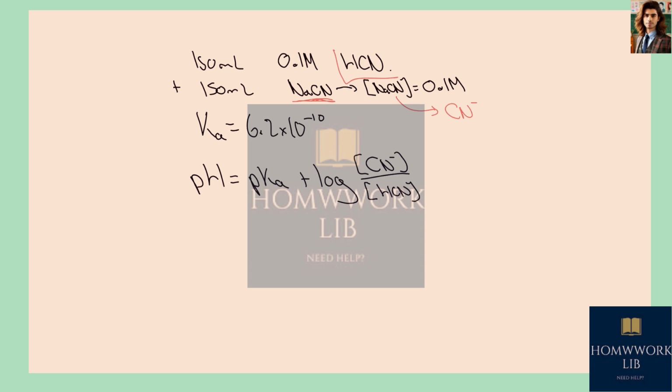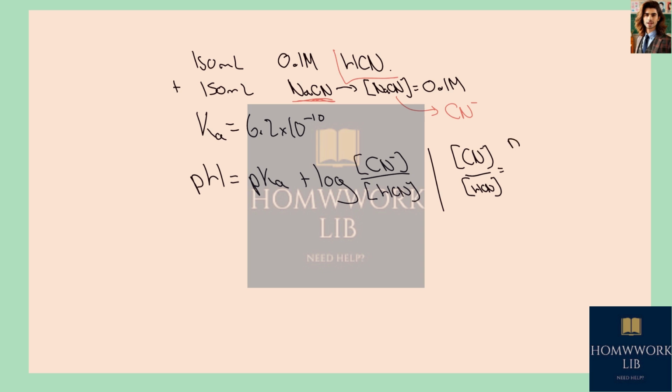Here, what is going to happen is that each of these solutions is going to provide a certain amount of moles to the final mixture. But the final volume at the end is not going to matter at all, as I'm going to show you in a second. If we do the concentration of CN minus divided by the concentration of HCN, remember that these are in molarity.